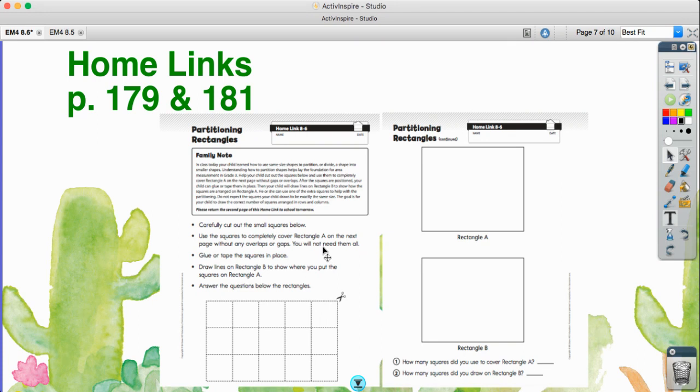You will not need them all. Because you're going to use them again, please don't glue or tape them yet. Next, draw lines on rectangle B to show where you put the squares on rectangle A. Answer the questions below the rectangles.